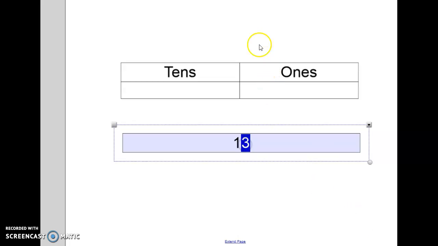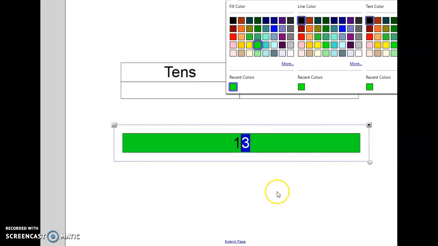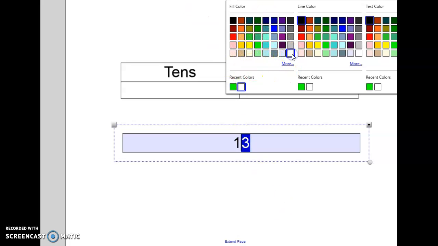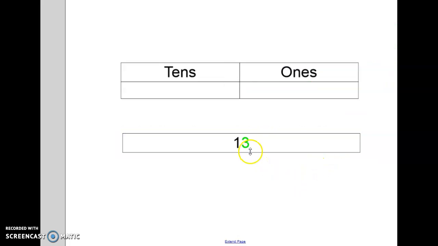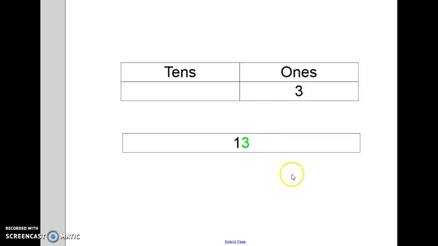The first number we stumble upon is the ones place. That right there is the ones. So I'm going to put another 3 in this ones place.